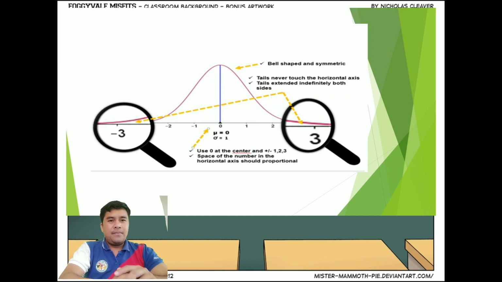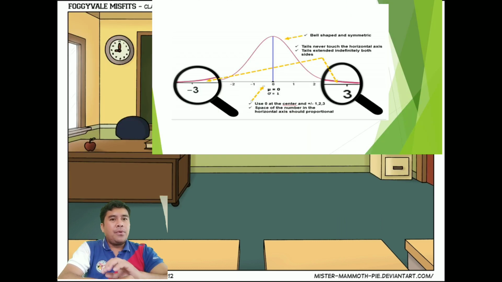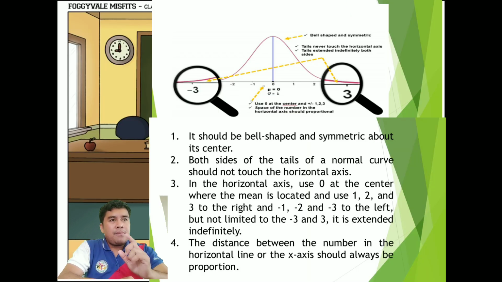In constructing a normal curve, always remember its properties. So we have 4 properties. Number 1, it should be bell-shaped and symmetric about its center. Number 2, both sides of the tails of a normal curve should not touch the horizontal axis. Try to observe the illustration. In the horizontal axis, use 0 at the center where the mean is located.